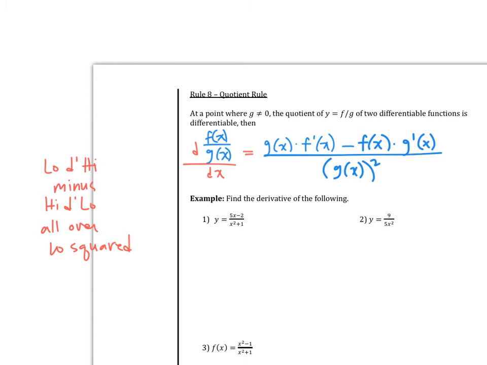Please do say it, because if you don't say it, you're not going to remember. Low d high minus high d low all over low squared.